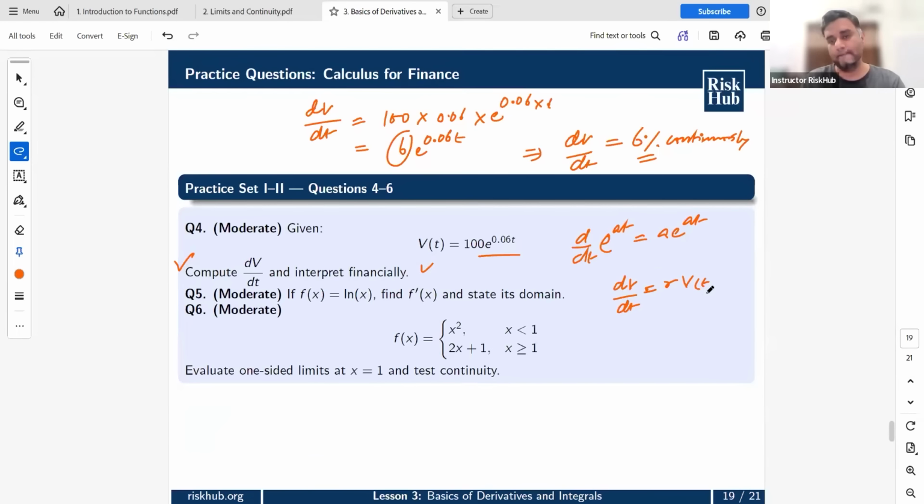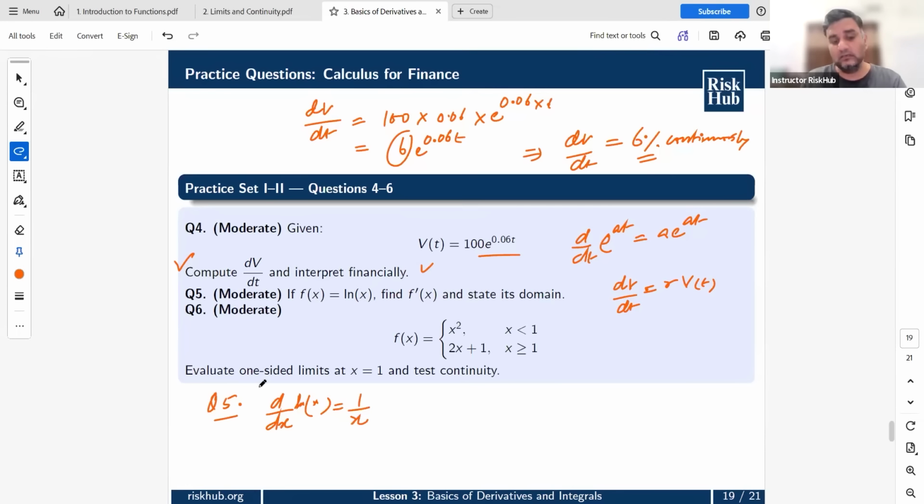Another question, f(x) = ln x, find f'(x) and state its domain. Understand that d/dx of ln x is equal to 1/x. This is how d/dx works, as you have learned in differentiation.